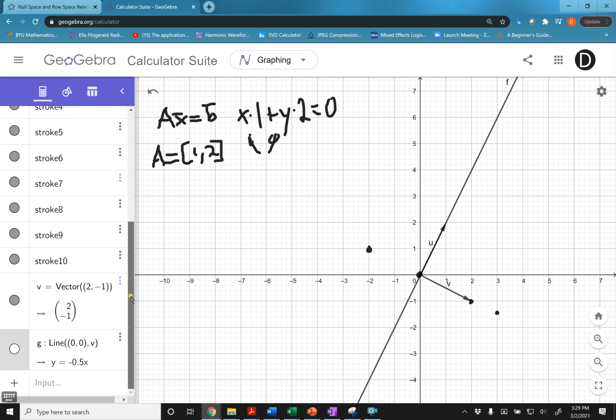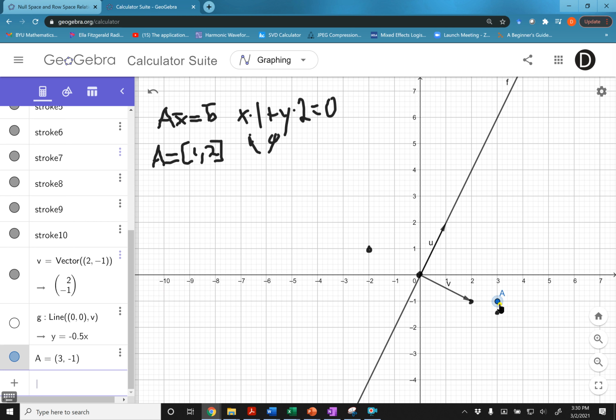So if I am at 3 and a negative 1, let me put a point there, 3 comma minus 1. How does that change the amount of fat I'm going to have in my diet if x is 3 and y is minus 1, or I increase the servings of the first food by 3 and I decrease the second food by 1?